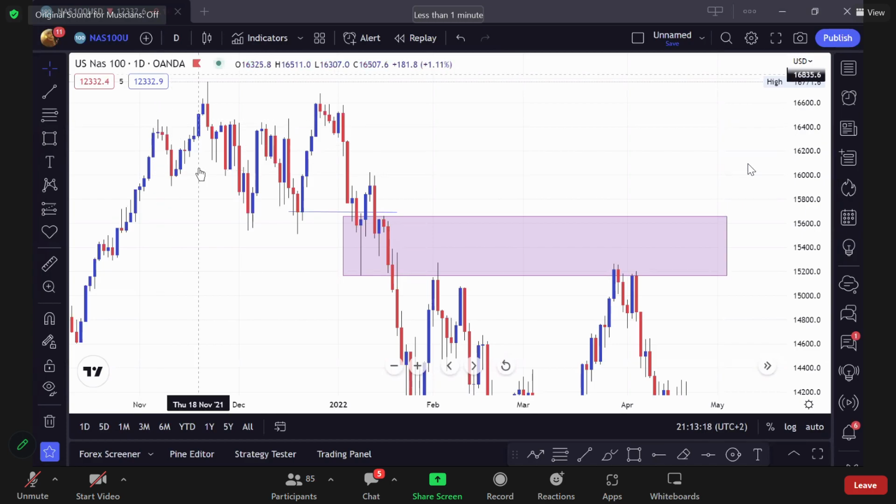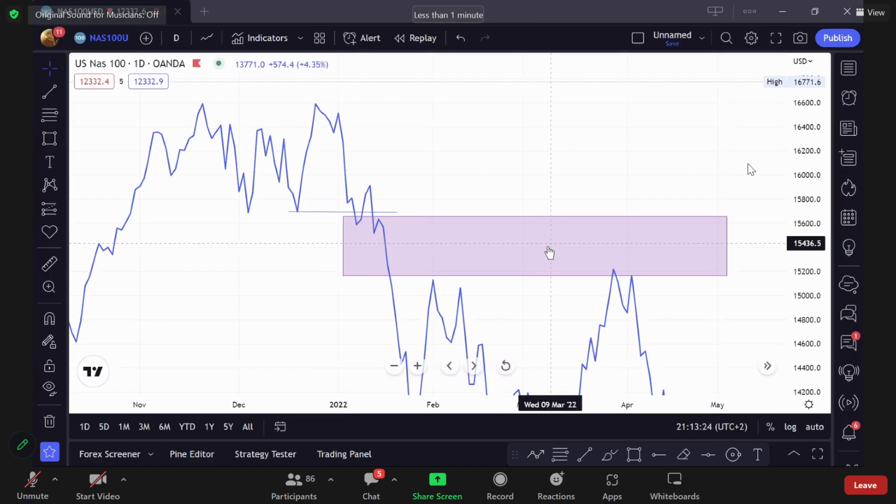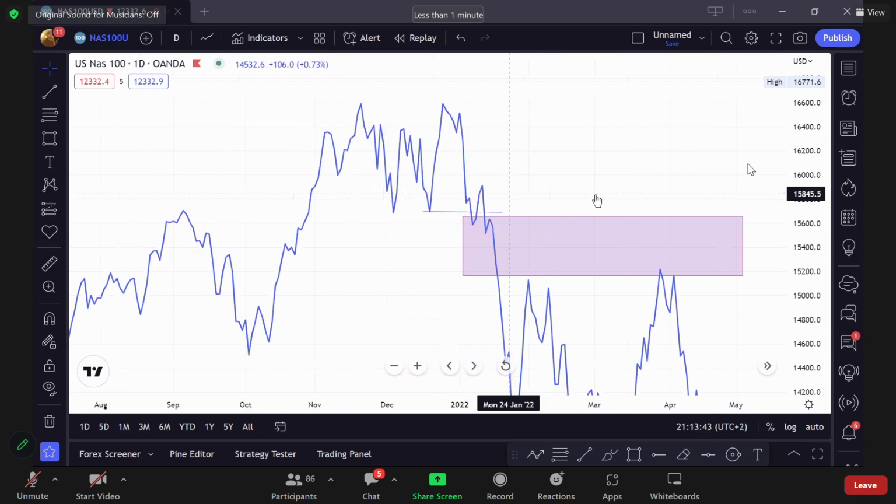Remember, wicks are ghosts in a market. You with me? Yeah. So now we don't use wicks to identify a break of structure. We just use the body. Correct.